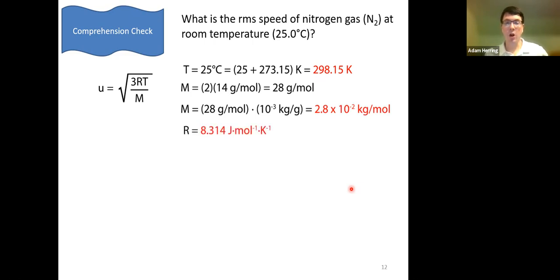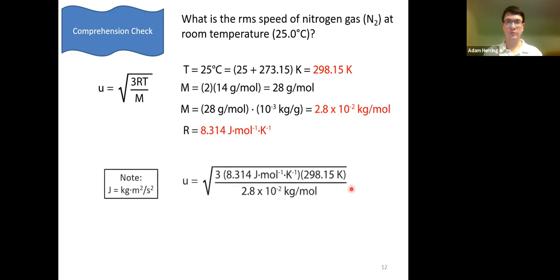The gas constant R is given in joules per mole per Kelvin. And the reason why we need to convert from grams per mole to kilograms per mole is because the unit of joule is actually a compound unit containing kilograms times meters squared per second squared.